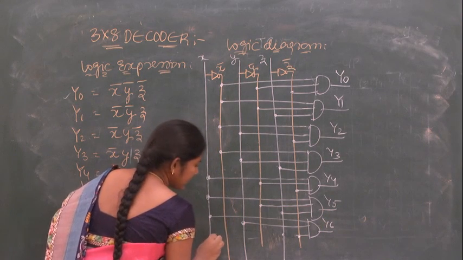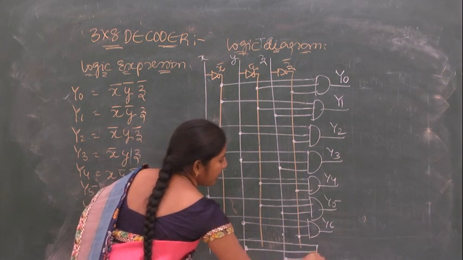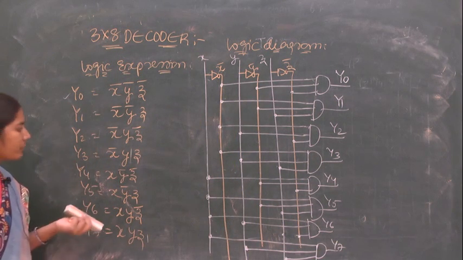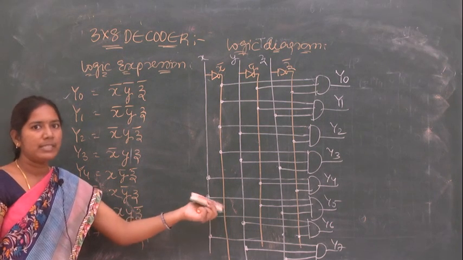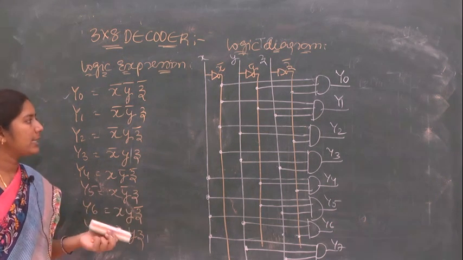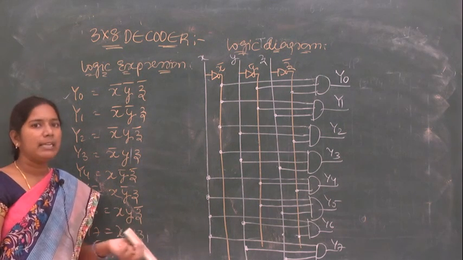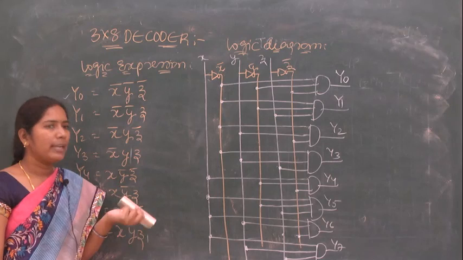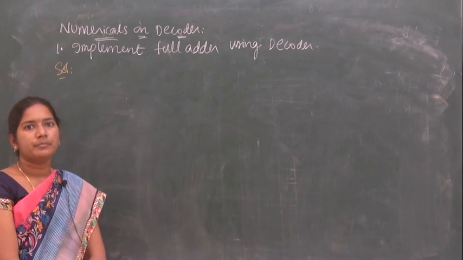To get Y7, which is X, Y and Z, give it to one AND so that you will get Y7. This is the logic diagram which exists in that 3x8 block diagram. With this concept, similarly we can develop a 4x16 decoder and a 5x32 decoder and so on.